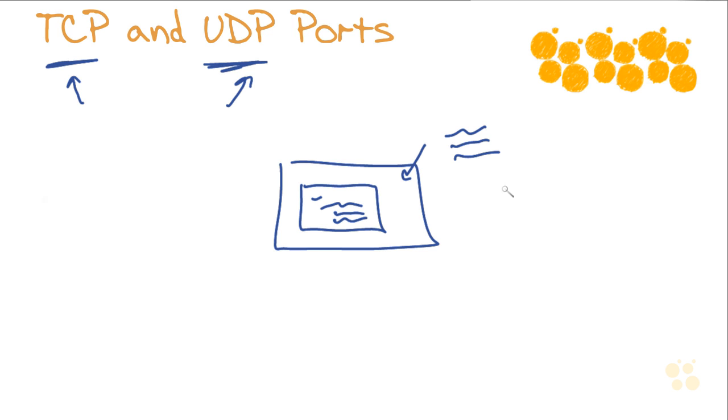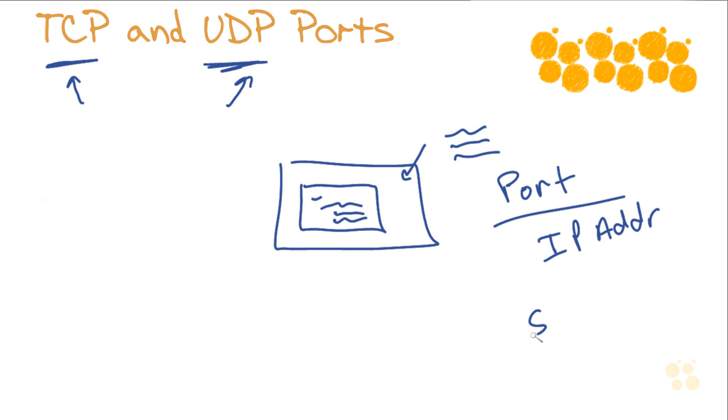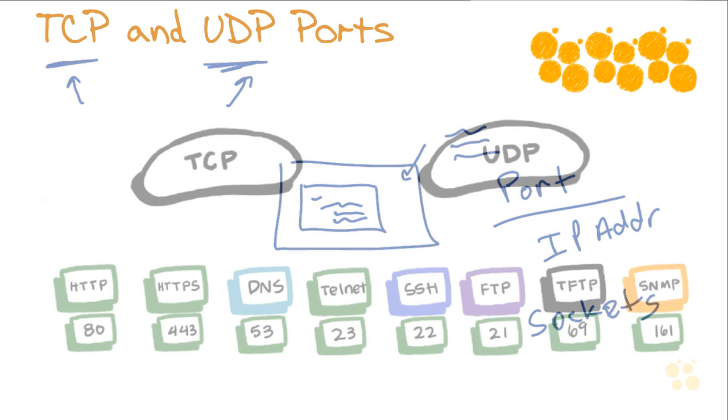There are simple numbers called port numbers that can indicate where this information is supposed to go. In fact, when you combine the port number with the IP address of the machine, you have what's called a socket. So we have ports and sockets that are utilized in order to handle the addressing here to get the information to the correct place.